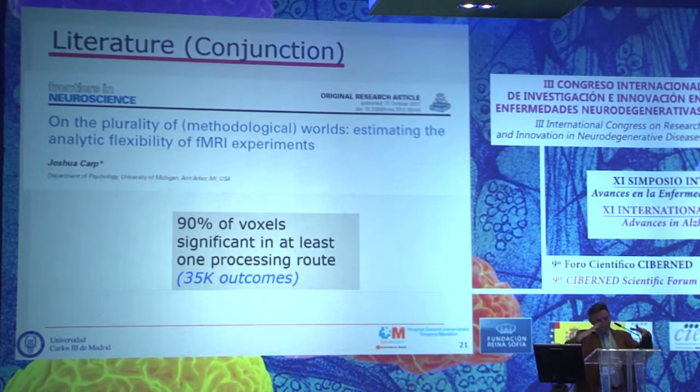There are many more, but this is a sample of possible outcomes of the experiment. And he found out that 90% of the voxels in our brain can be found significant in at least one of the analyses. So again, this is quite worrying.